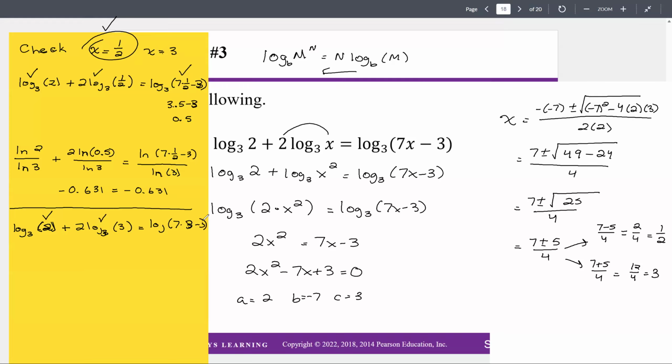That should also be okay, because that is just 21 minus 5, which is going to be 16. So that should be okay as well. So this one also works. Also, if you stuck it in your calculator using that change of base, you would get 2.631 on both sides. So this is a first. We actually really do have two solutions here.